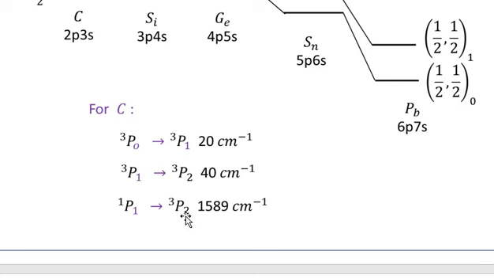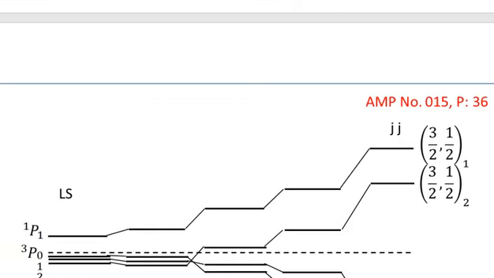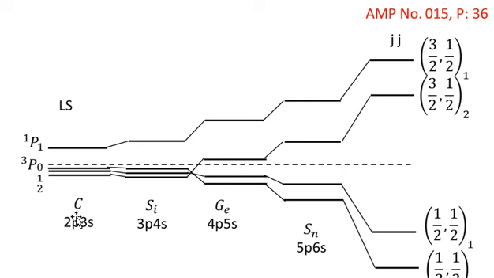Then from 1P1 to 3P2, the wave number is 1589 centimeter inverse. I have not shown the transitions from the others, because these are not relevant over here. The purpose was just to indicate the LS coupling, to compare the LS coupling with the JJ coupling, and also to show what happens in the intermediate region to these levels. And we have noticed that the separation between the individual intermediate levels will increase, and of course sometimes the levels are swapped, that is, their positions are interchanged.